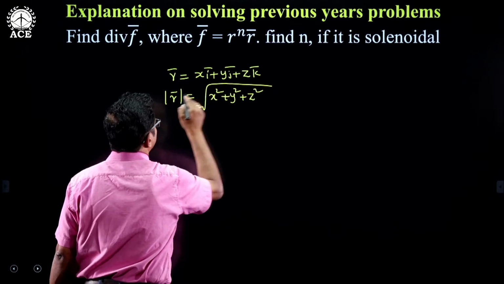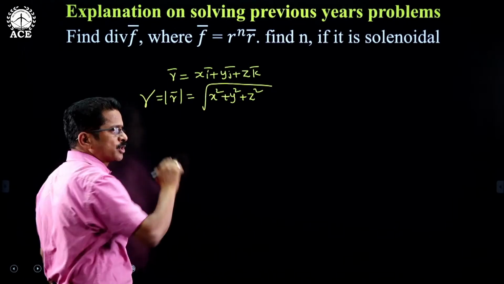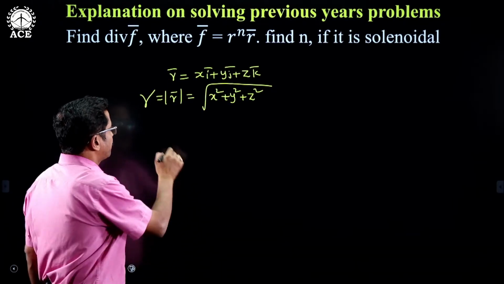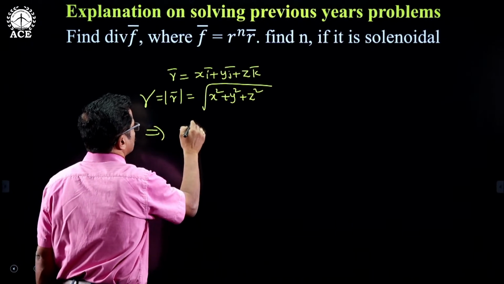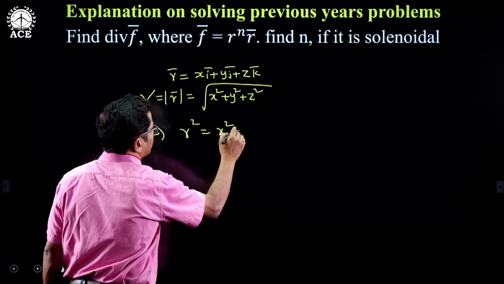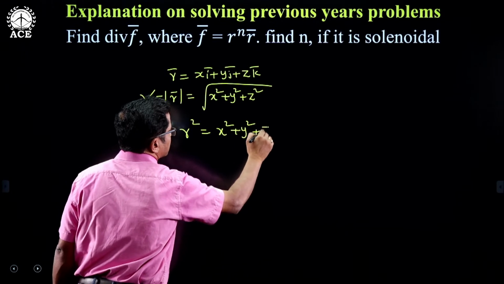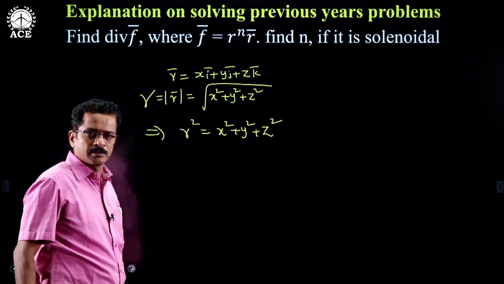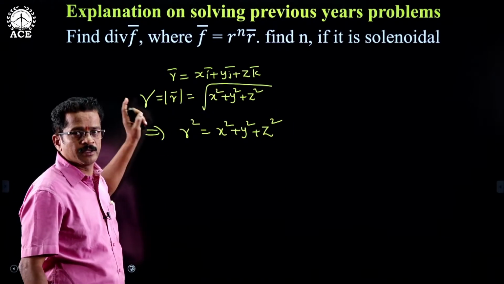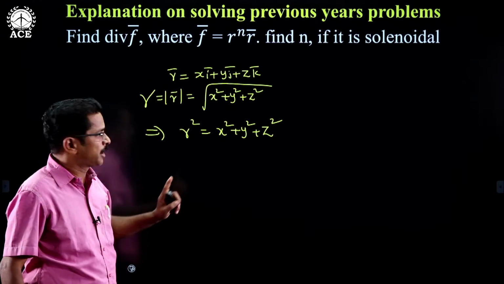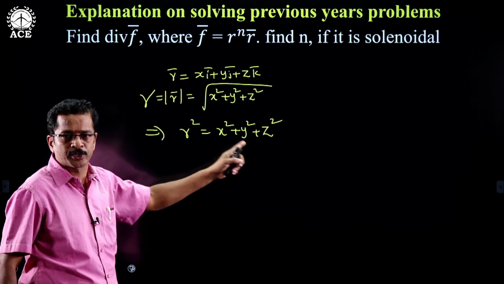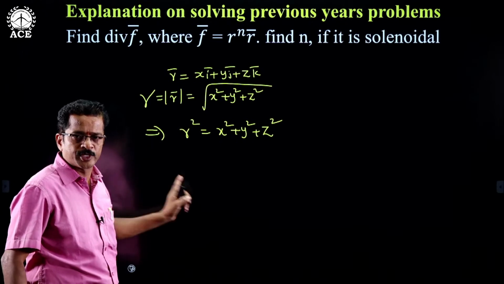This modulus of r bar is represented by r. So from this, r square equals x square plus y square plus z square. This information you require for proving this. Now you differentiate r square with respect to x, with respect to y, with respect to z.